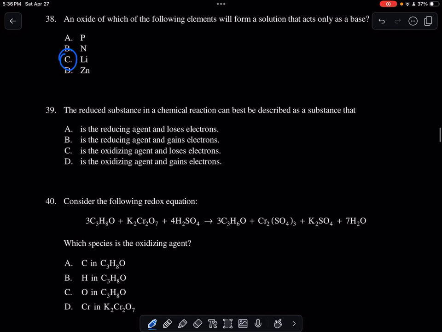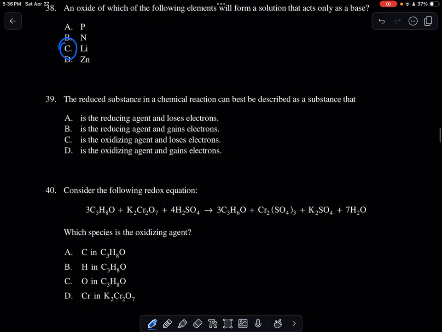Which of the reduced substance in a chemical reaction can best be described as a substance that gets reduced? It's an oxidizing agent, right? And what happens to the oxidizing agent? It oxidizes something else, so therefore it must gain electrons.